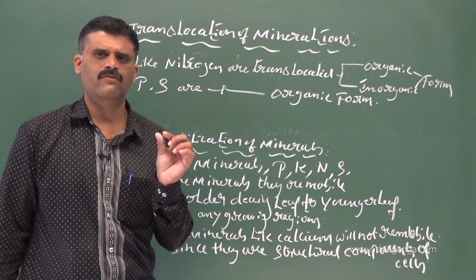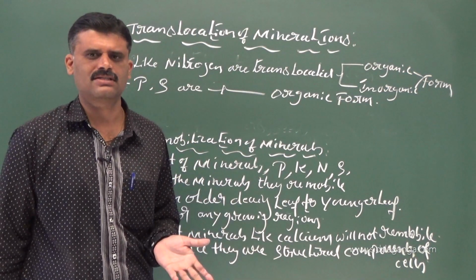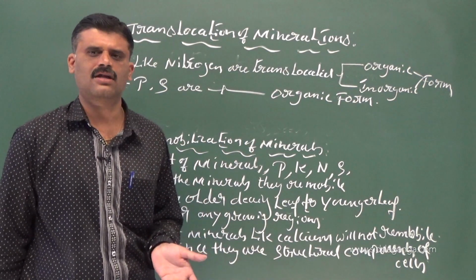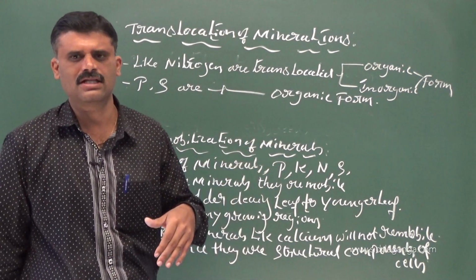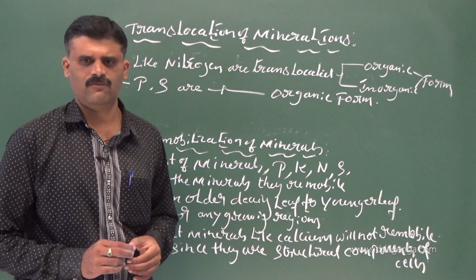So from the vein endings they will enter into the cell, then entry of cell, once again the translocation is a passive process, but entry of minerals into the cell occurs by diffusion and also by active process.